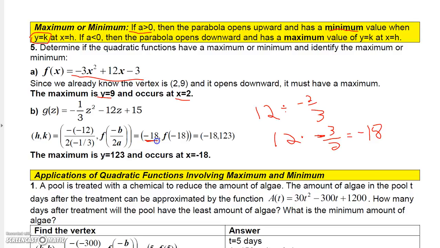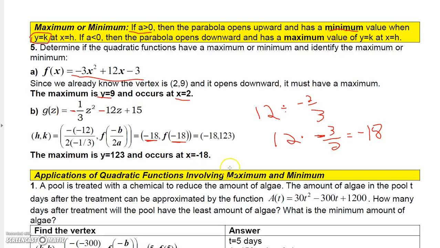Now, since it opens down, I know it has a maximum, but that's not the maximum. Negative 18 is not the maximum. To get the maximum, you have to plug negative 18 back into this function. And just trust me, I did that. I grabbed a calculator and I said, okay, what's negative 1/3 times negative 18 squared minus 12 times negative 18 plus 15?